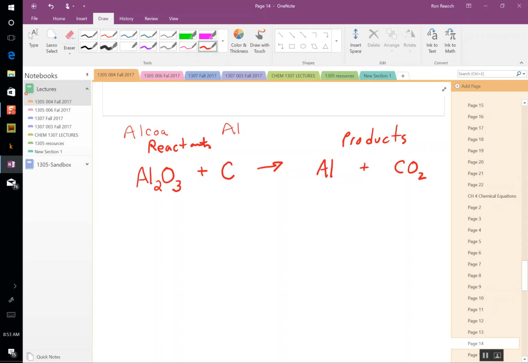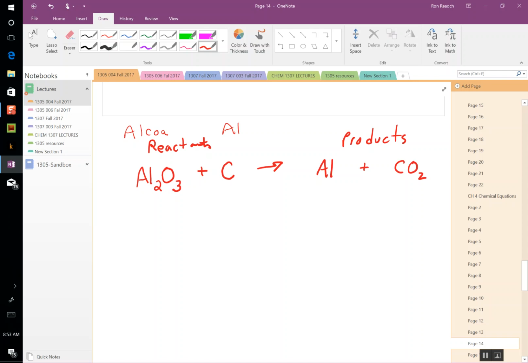Aluminum oxide is Al2O3. You remember that. Aluminum oxide, positive 3 charge, minus 2 charge. And you come down to that is the correct formula.